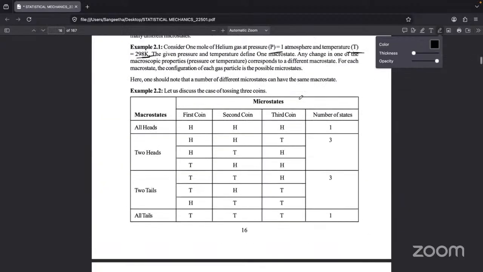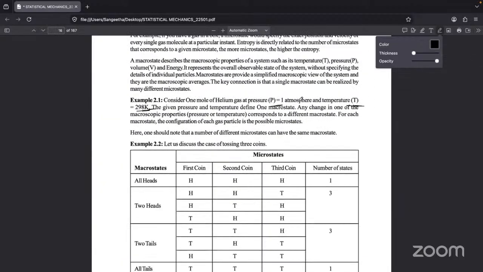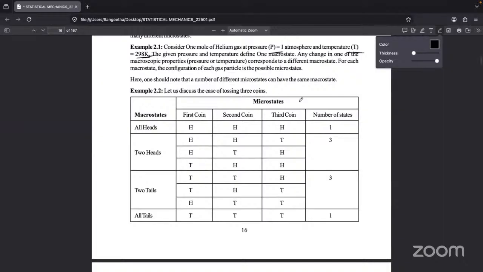So let's see what example is given. The example is 3 coins. Tossing 3 coins in different ways. What are the possible outcomes?